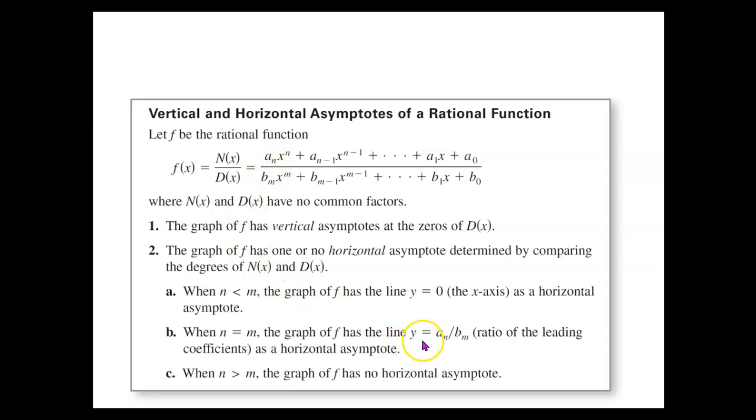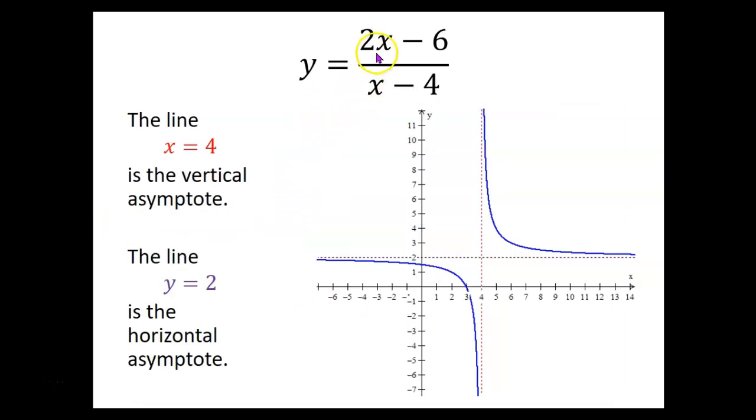The line y equals that number is the horizontal asymptote. And that's what happened in this example. The numerator and denominator were both degree 1, same degree as each other. The leading coefficients were 2 on top over 1 on the bottom. So the line y equals 2 over 1, or just 2, was the horizontal asymptote.